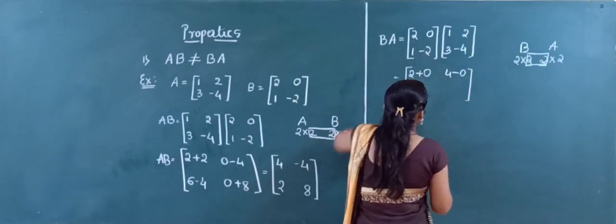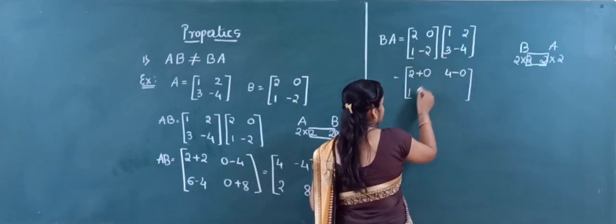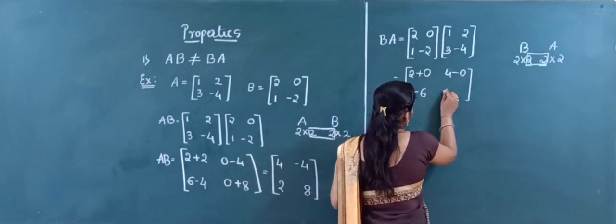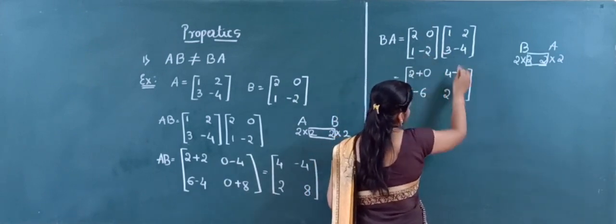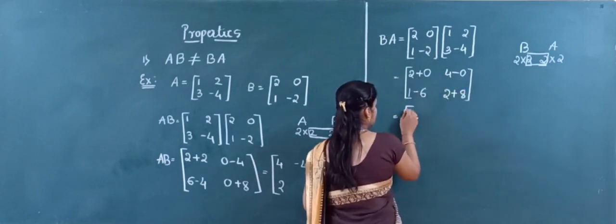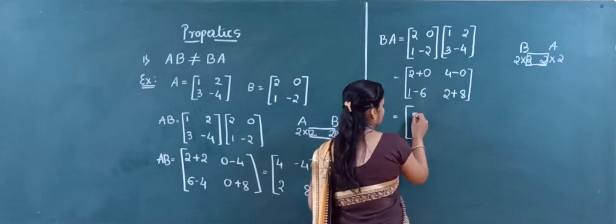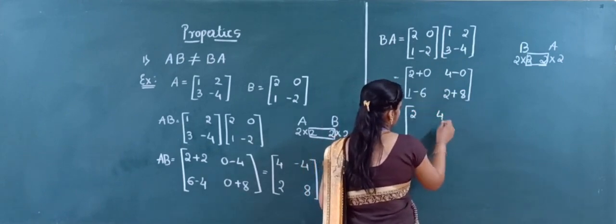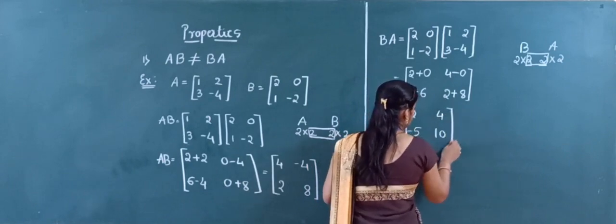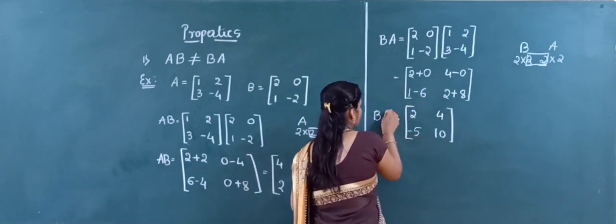Next, 1 into 1, 1, minus 2 into 3, minus 6. 1 into 2, 2, minus 2 into minus 4, plus 8. So what will we get for BA? 2 plus 0, 2, 4 minus 0, 4, 1 minus 6, minus 5, 2 plus 8, 10. So this is our BA matrix.